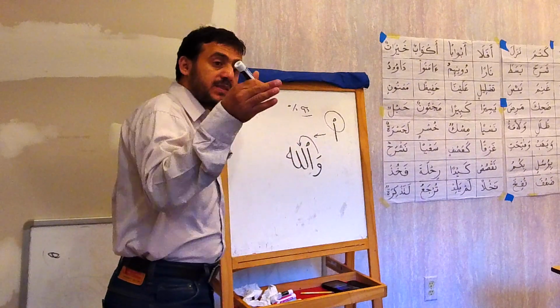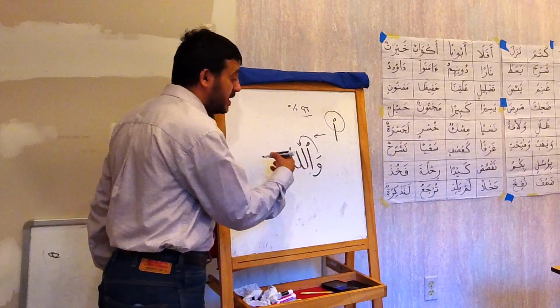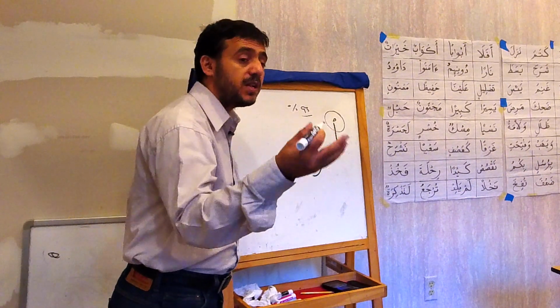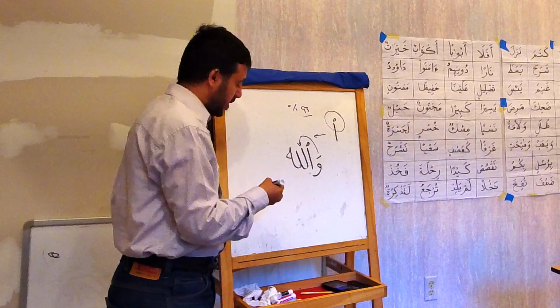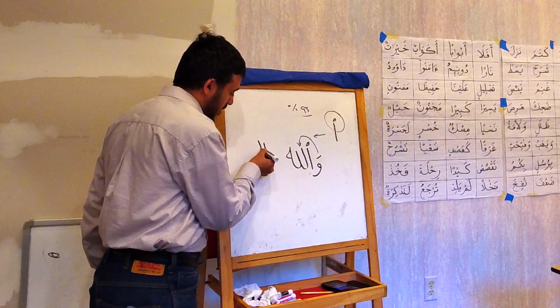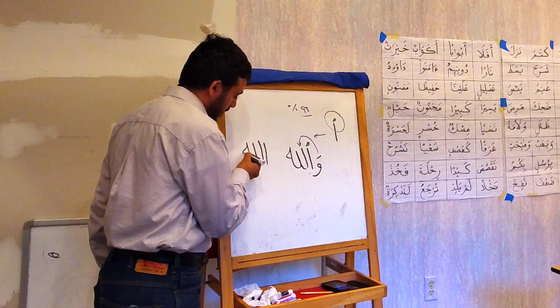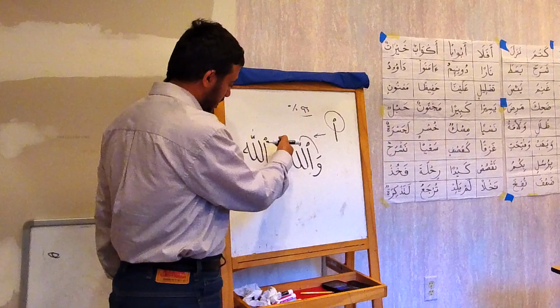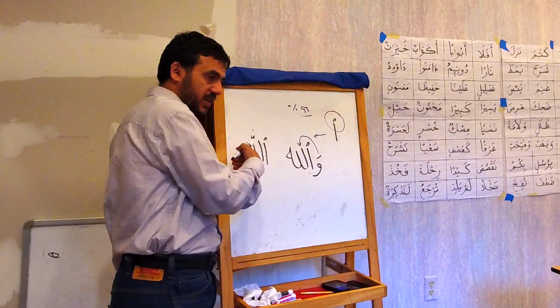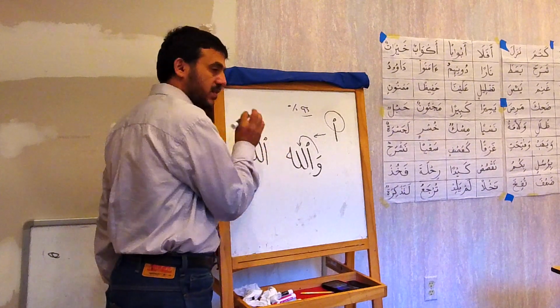Okay? Now sometimes you even find it attached to letters. Example, this word, the name of Allah subhanahu wa ta'ala, right? We have the word Allah, right? It starts with this one, right? So we know that now we are going to start with it, then we have to turn it into a Hamza.